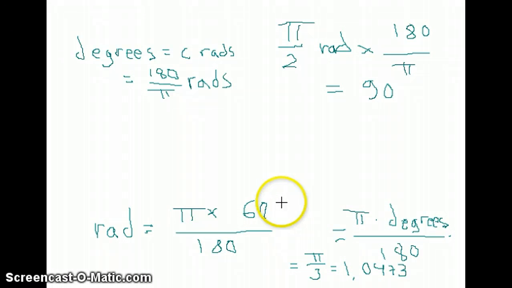Here we have 60 degrees, and to calculate how it is in rads is just 60 times pi divided by 180, just like this formula here. So we receive the result of 1/3 of a pi, or if you want to write this out as a decimal approximation, 1.0473. So overall this is a quite simple and easy way to change degrees to rads and rads to degrees.